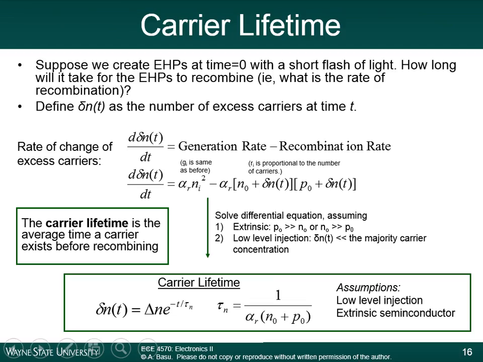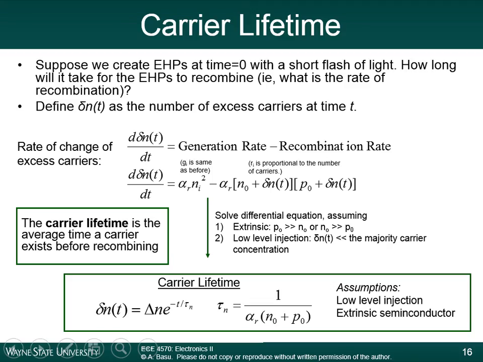Low-level injection means the amount of excess carriers is much less than the number of total carriers in the material. So in other words, sigma n and sigma p are much smaller than n0 and p0. We'll make sure that we define it, because there's a lot of notation in this chapter. I think it's helpful to have a list of what all the notations mean.